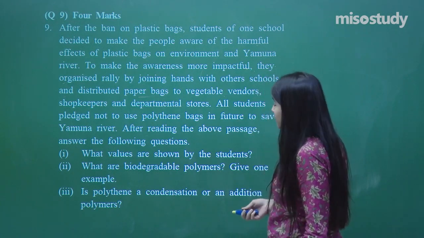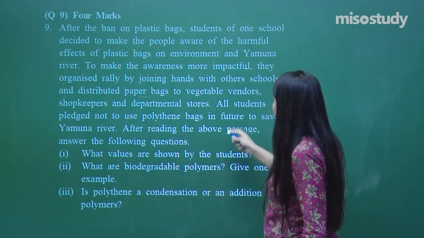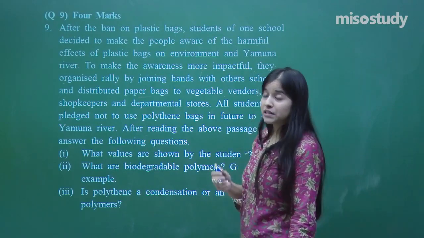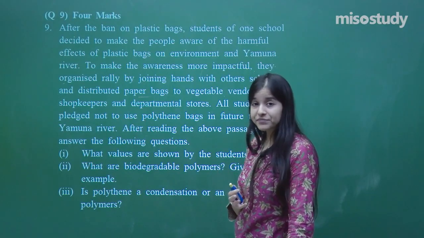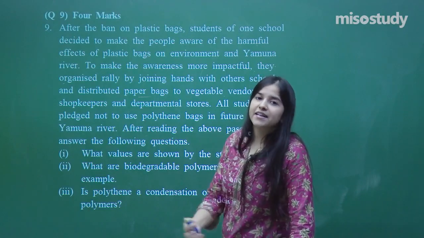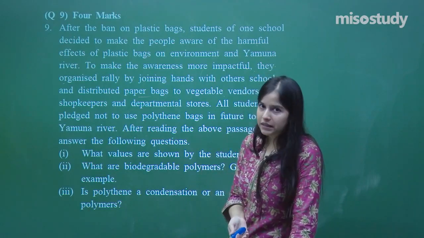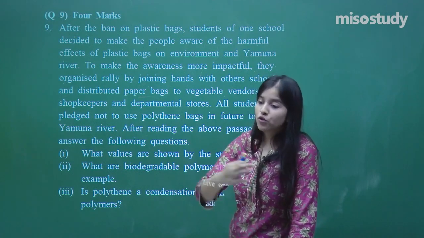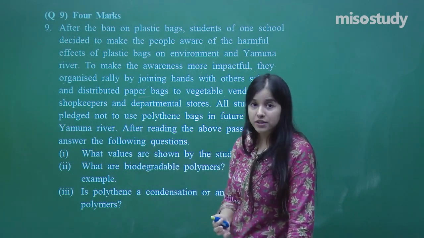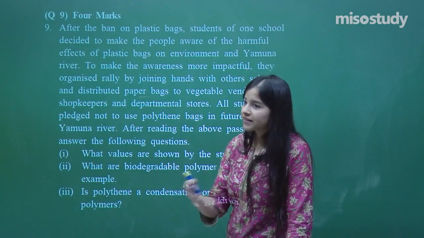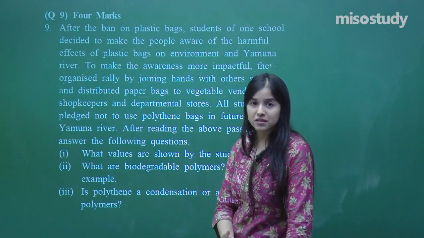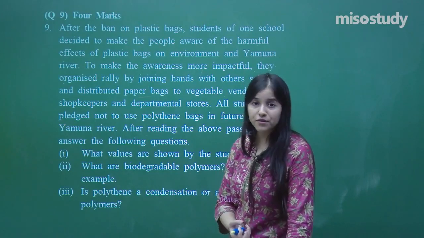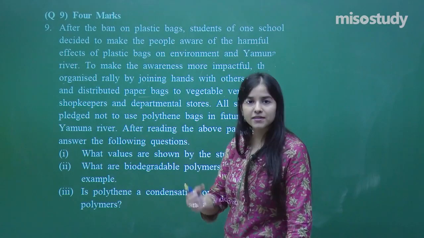All the students pledged not to use polythene bags in future to save the Yamuna river, whose water is getting disintegrated and it's affecting the marine life, in fact indirectly us. How? Because there is all the cultivation going on around the Yamuna river, and that cultivation has chemicals which are absorbed by the roots of the plants directly from the Yamuna river, in which these plastic bags are dumped.